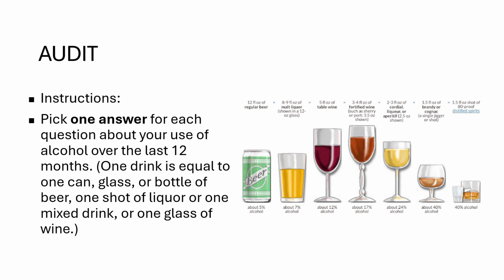If you're having one that's 16 ounces, that's 1.5 beers. If you're having a Long Island iced tea, depending on who's pouring, you may have 2.5 to 3 shots in that one drink, and that would equal 3 standard drinks. So make sure that you're using this chart here to determine how many drinks you've actually had.